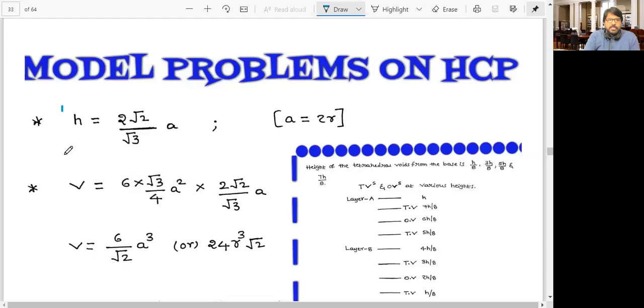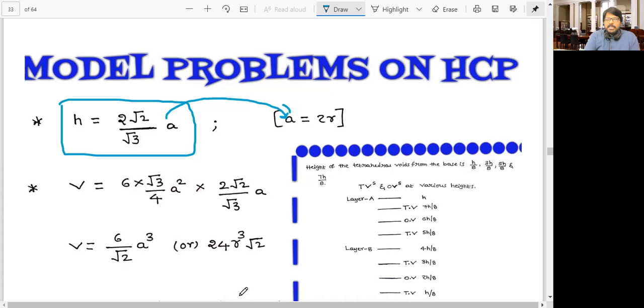We are talking about a three-dimensional hexagonal unit cell. The height of the hexagon is 2 root 2 a by root 3, where a is equal to 2r. In place of a, you can substitute this and get the height of the hexagon in terms of radius.